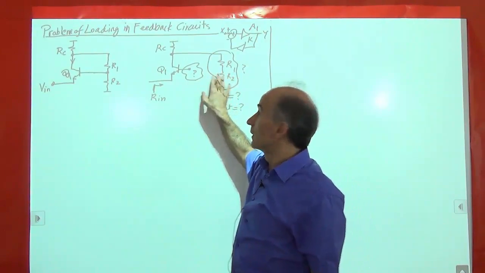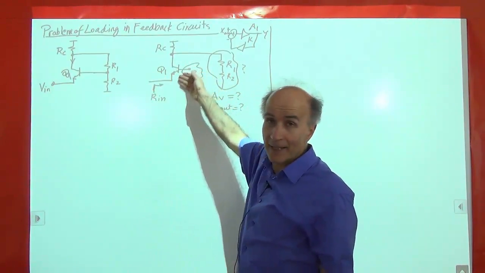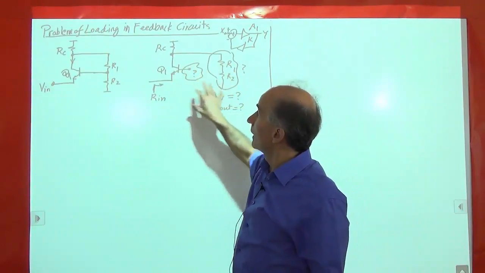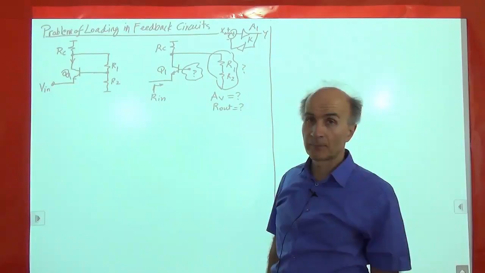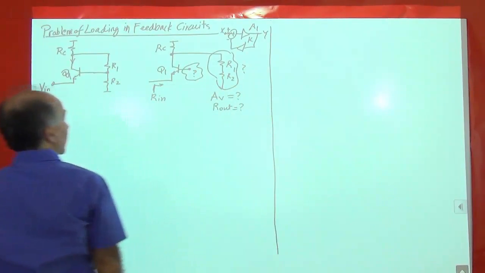R1 and R2 load RC. R1 and R2 also, in a sense, load the input in a very strange way. So we want to include these properly. Okay? All right. So that's one example.